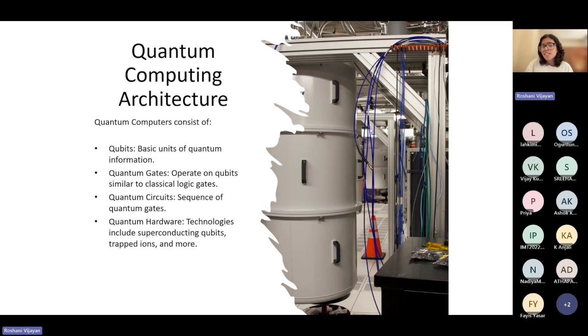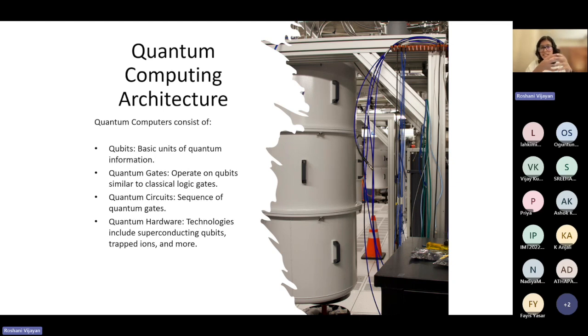Something that atoms are subject to is decoherence. What is decoherence? Well, it's when a qubit collapses into a regular binary bit. To explain it really simply, the qubit forgets that it's a quantum bit and becomes a classical bit. And we don't want that, obviously, because we already have classical computers to do that.